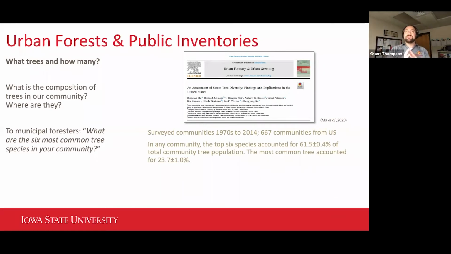And while the species list differed depending on where we are in the country, as one might expect, they still found the striking result that the top 6 species in any community accounted for about 61% of all of the trees. And that number 1 most common tree accounted for about 23% of all of the trees in that public inventory.